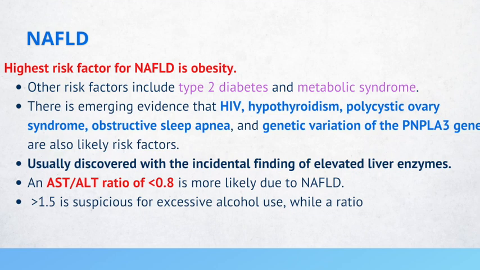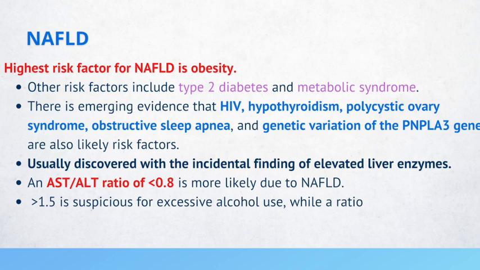So if you're suspecting non-alcoholic fatty liver disease, the first thing that you need to do is obtain a detailed history, particularly for alcohol use and hepatotoxic medications. Can you think of some hepatotoxic medications? If so, leave them in the comment section below. But some drugs that can be of concern include corticosteroids, aspirin, amiodarone, and valproic acid.